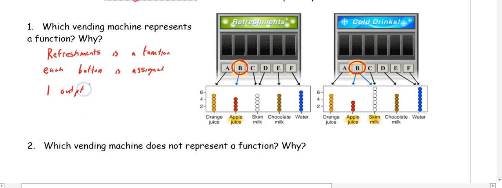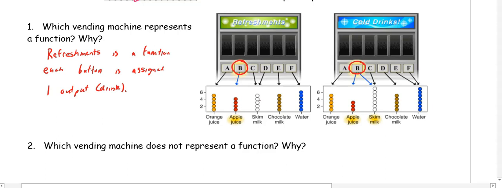And the output here would be our drink choice. So it's okay that some of the buttons like C and D are going to the same drink. That's okay because if I hit the button, I know I'm getting skim milk.